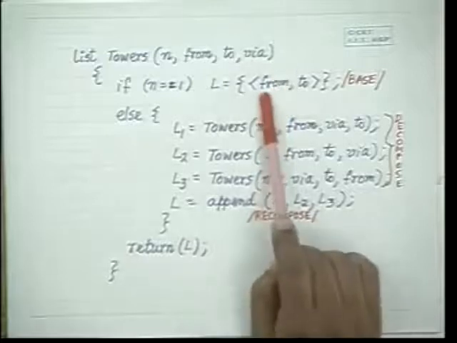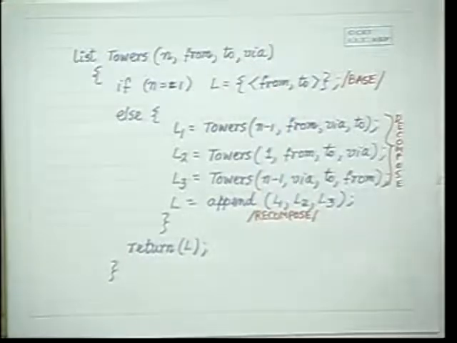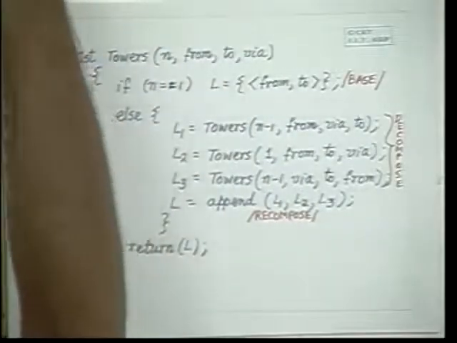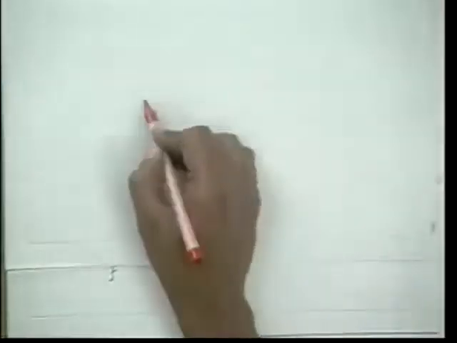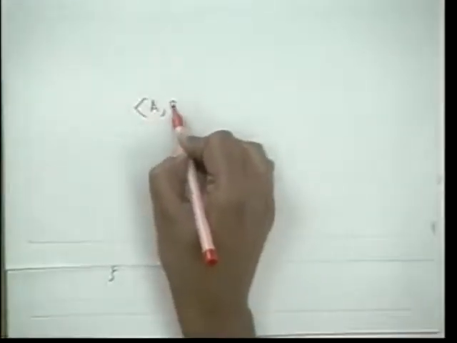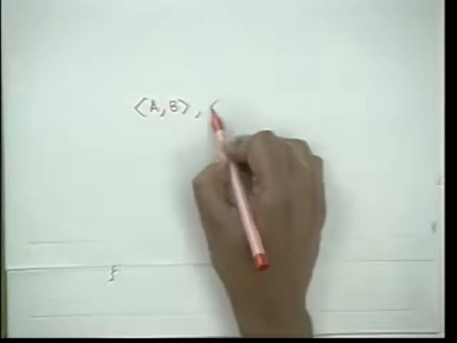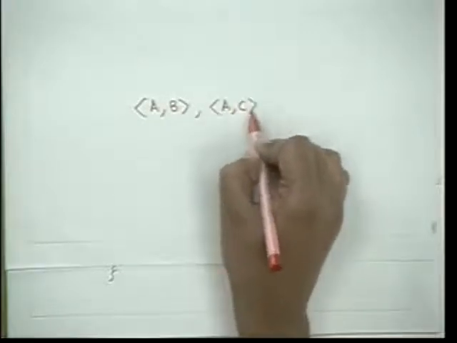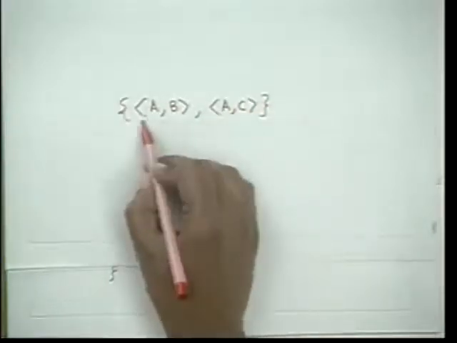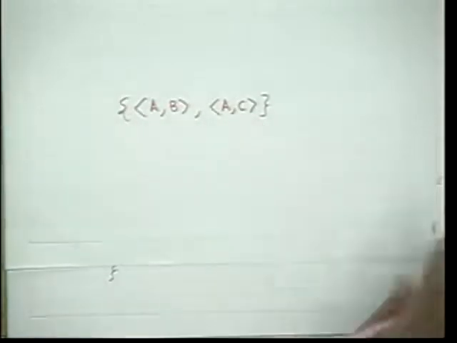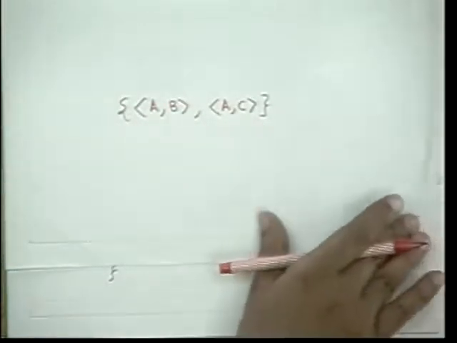A move was represented by a tuple, and say 2 moves were represented like this. So this was the sequence of moves which we used to represent the solution.